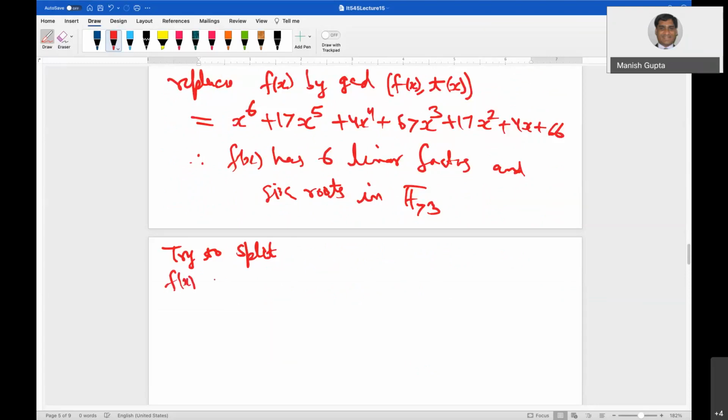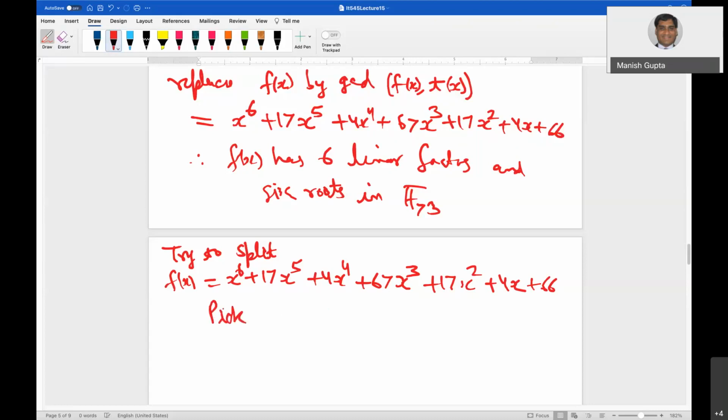Fx is equal to x raised to 6 plus 17 x raised to 5 plus 4 x raised to 4 plus 67 x cubed plus 17 x squared plus 4x plus 66. Okay, so now what is the task? Remember, pick some random alpha out of F73. Pick alpha equal to 19 in F73, some random.